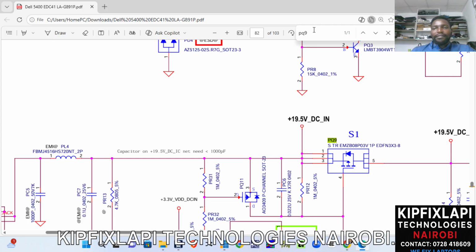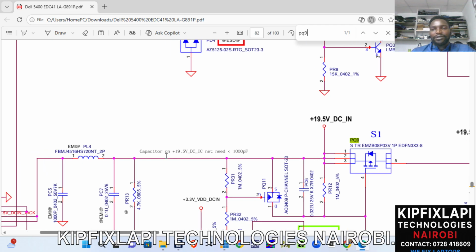On the motherboard, these components are indicated. If it is MOSFET 1, it is written there as PQ1, or there's a certain code there. You just type that MOSFET here and you will get the location of that component. As you can see, the result I get here is 1/1, so it means this is the only PQ9 we have on this motherboard.